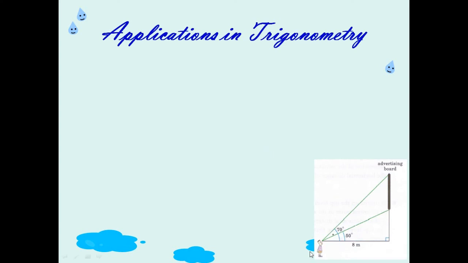So this diagram is similar to the previous problem. You can fill up a rectangle here to get your similar pattern. If you want to find this one, you must first find out the length from the top of the advertising board to the ground, and then minus the length from the bottom of the advertising board to the ground.